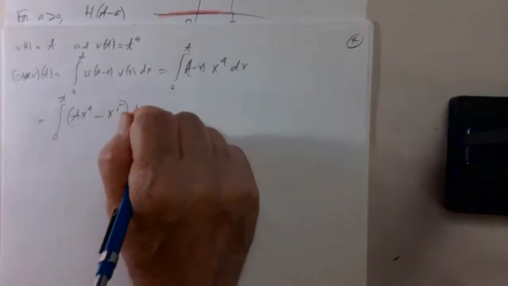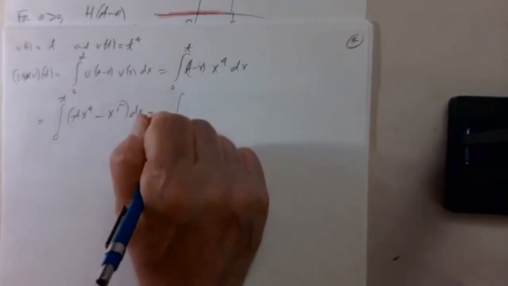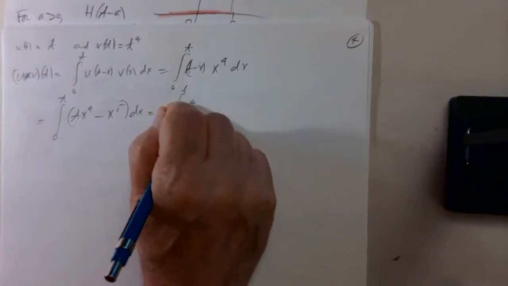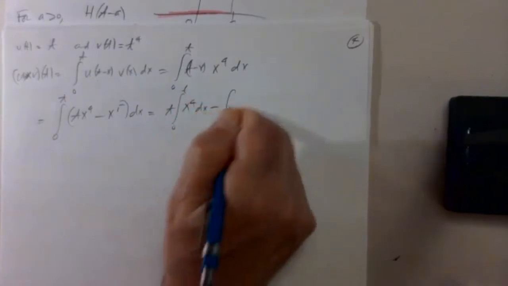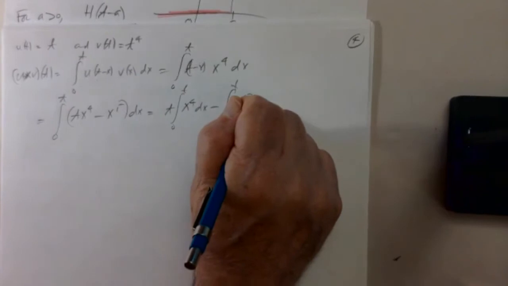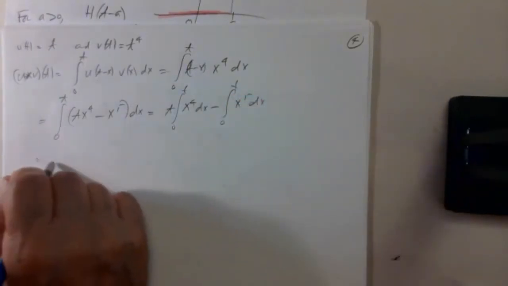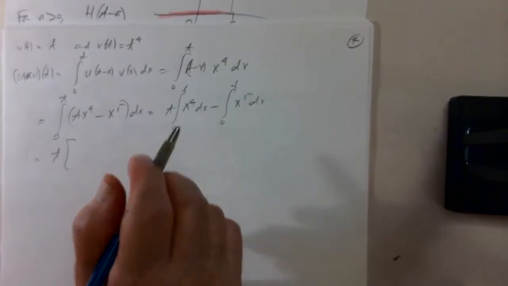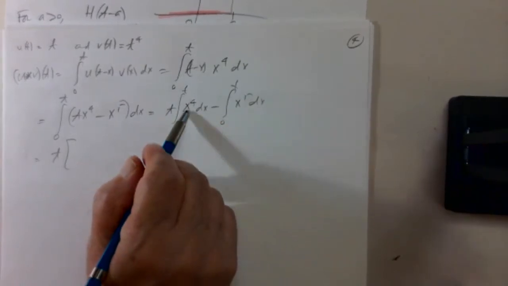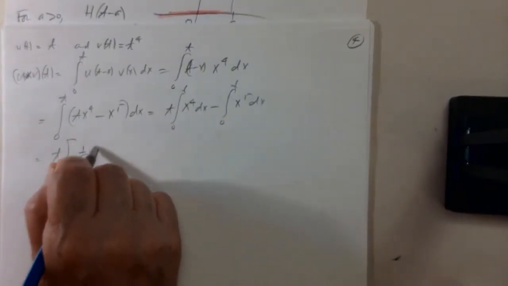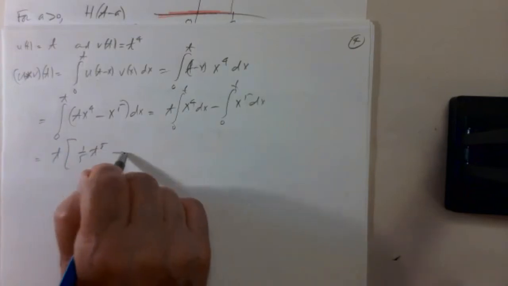So I can write this as two integrals. It's the integral from 0 to t. t I can take outside. x to the fourth dx minus the integral from 0 to t, x to the fifth dx. This is t times 1/5 x to the fifth, and when you evaluate that from 0 to t, you get 1/5 t to the fifth.